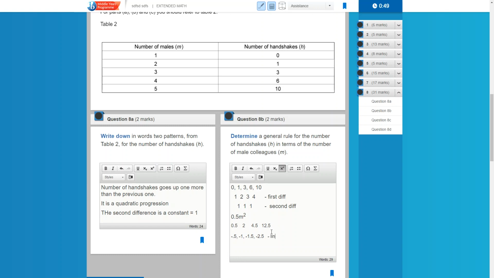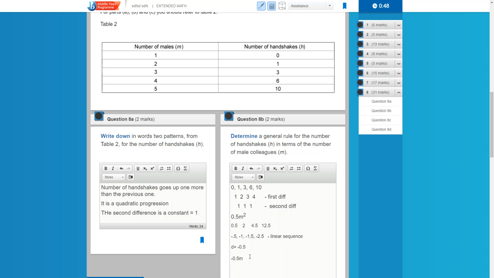And this is a linear sequence, going down with a common difference of negative 0.5. I can use the formula, or I can just figure out it's going to be negative 0.5m. So when m is 1, I get negative 0.5. When m is 2, I get negative 1. When m is 3, okay, so that is our sequence for the linear part.